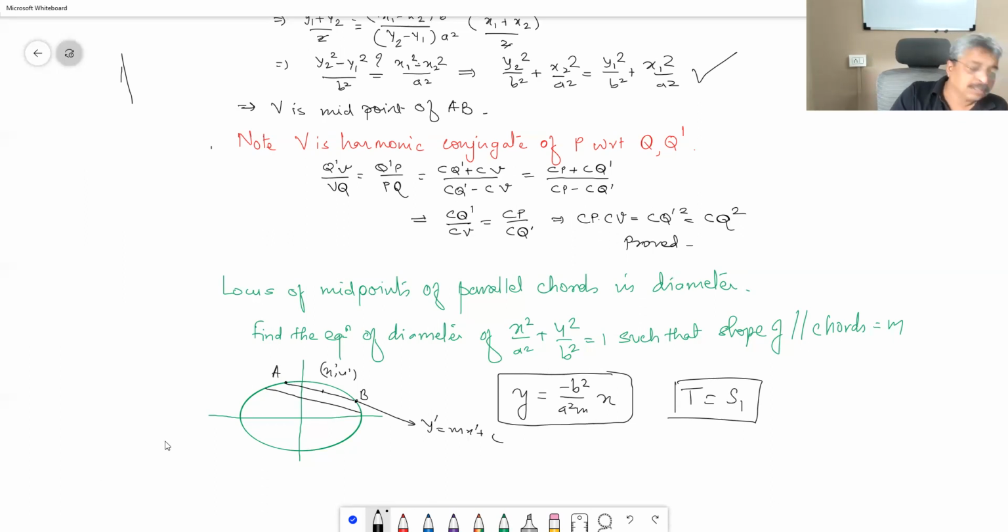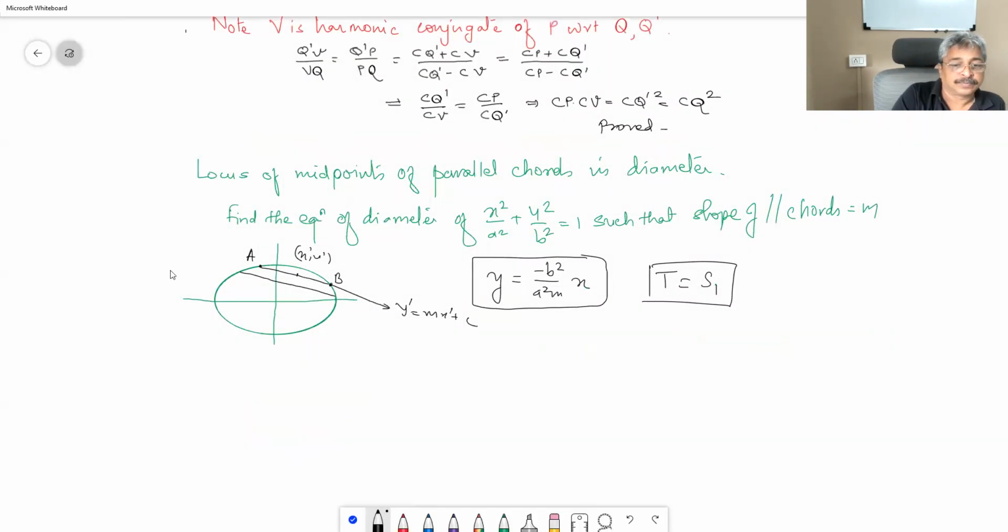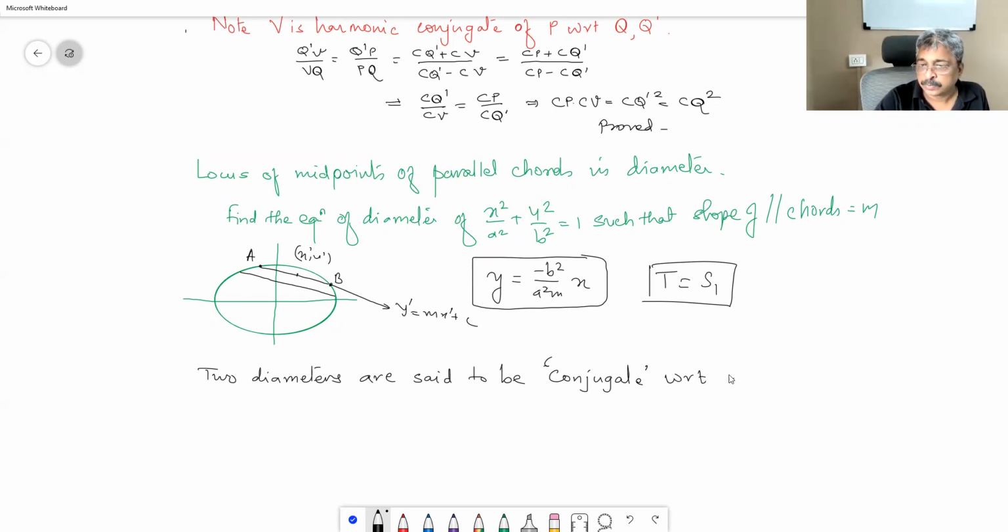Now, two diameters are said to be conjugate with respect to each other if and only if each bisects chords parallel to the other.